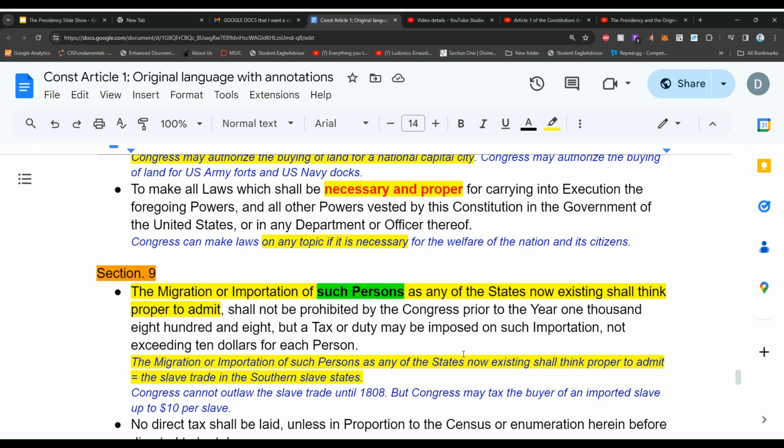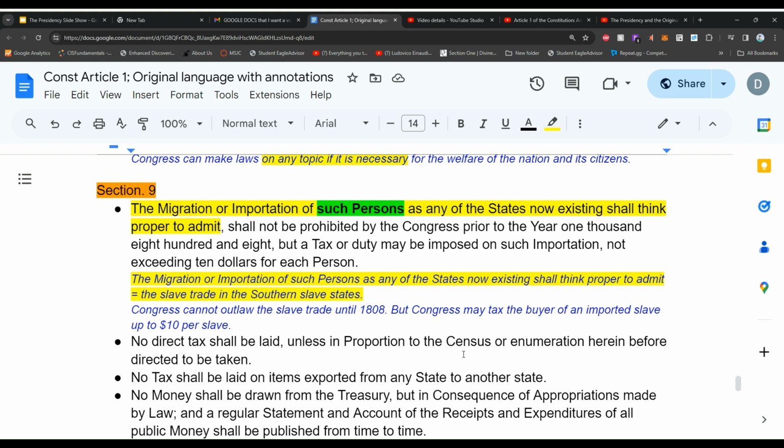So while most of the powers of Congress in Article 1 are clearly stated, there are some powers that are not stated here, but if they are necessary and proper for the Congress to deal with, Congress can make laws about those issues. Wow. So if we look at the little blue words down below there, Congress can make laws on any topic if it is necessary for the welfare of the nation and its citizens.